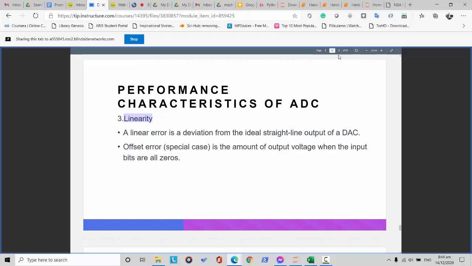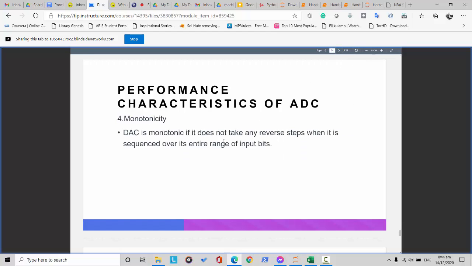Another performance characteristic of DAC is what we call monotonicity. It's coming from the word monotonic. A DAC is monotonic if it does not take any reverse steps when it is sequenced over its entire range of input bits.